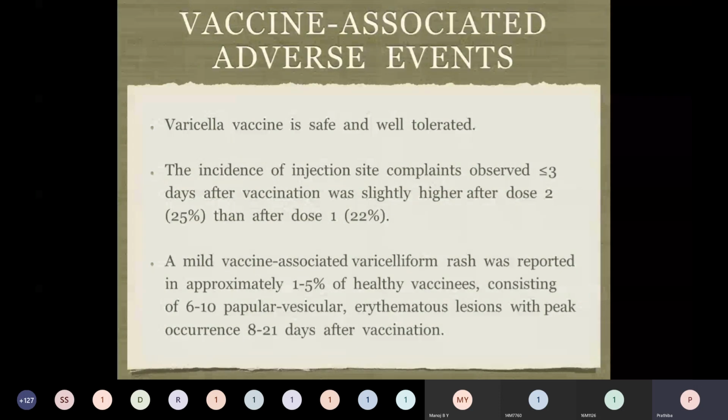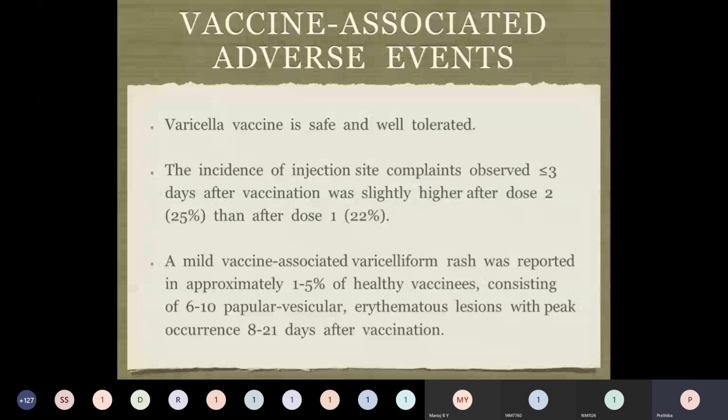What are the adverse events? It's safe and well tolerated, though local complications can be observed. Injection site complications are observed 3 days after the vaccination, and are slightly higher after the second dose than after the first dose.